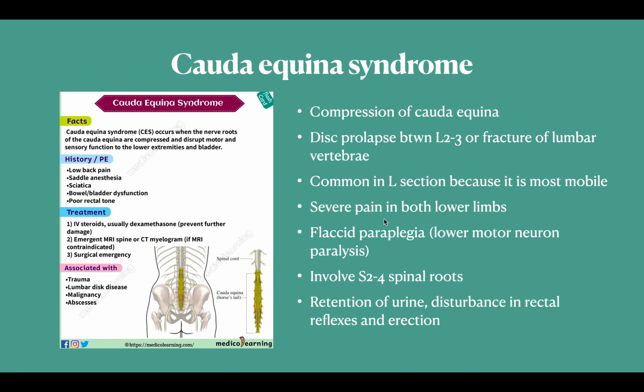There's going to be severe pain, unfortunately, along with flaccid paraplegia, and there's going to be retention of urine, disturbances in rectal reflexes, and in males, the person will not be able to maintain an erection. So how can you treat it? You can do IV steroids and surgery in some cases.